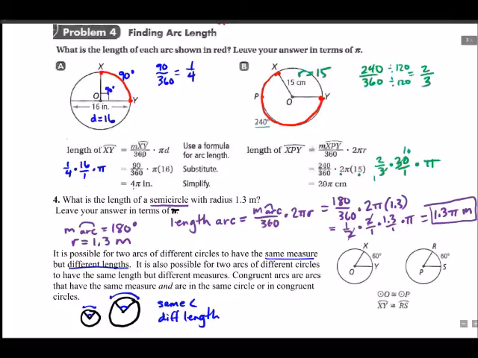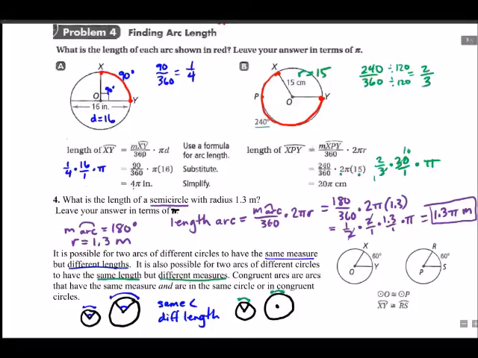It is possible for two arcs, in two different circles, to have the same length, but different measures. Well, how does that work? You've probably got this figured out by now. Small circle, big circle. We want them to have the same length. How are we going to get this short little length here on our big circle?